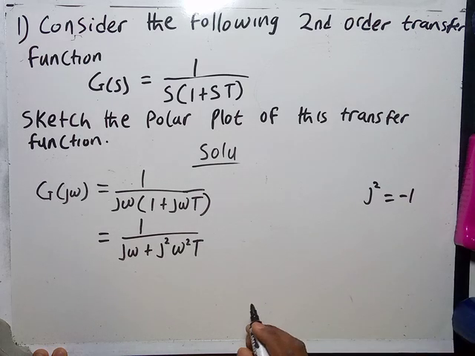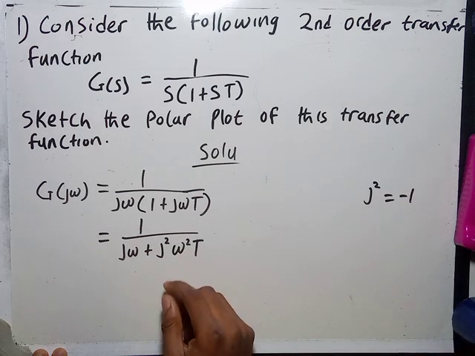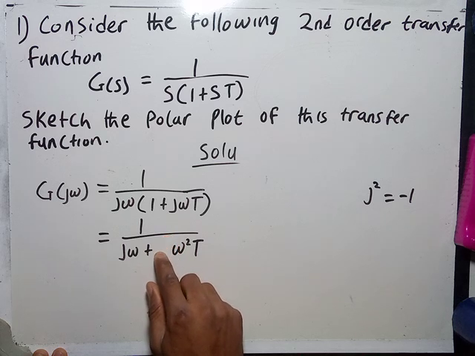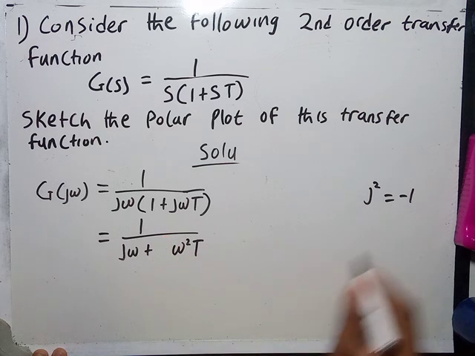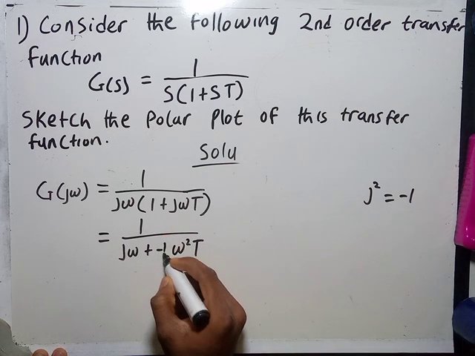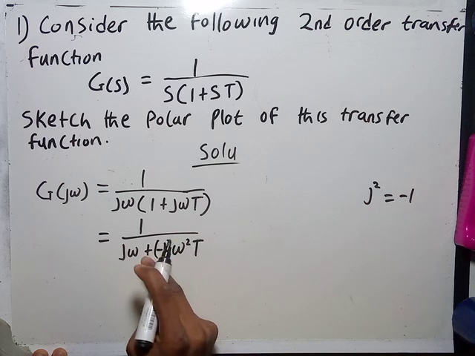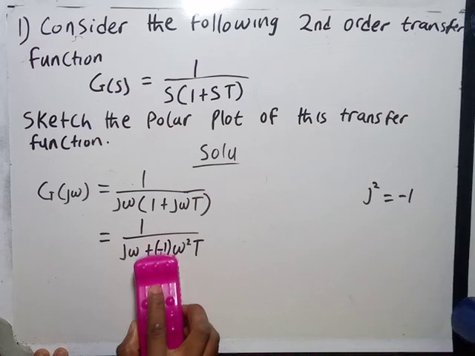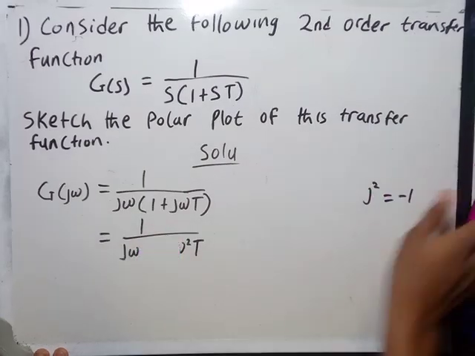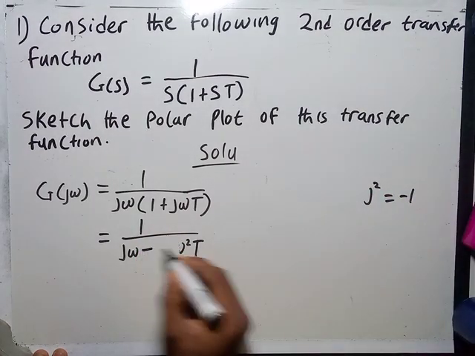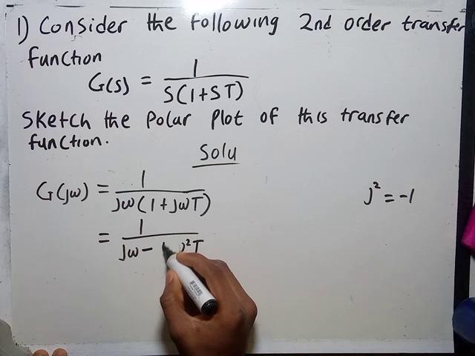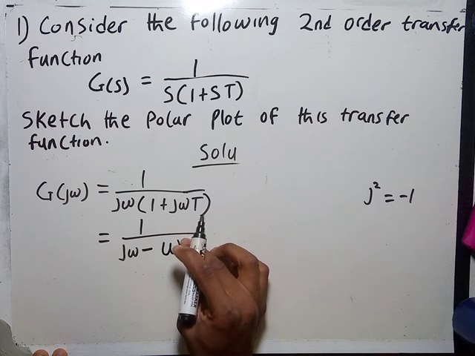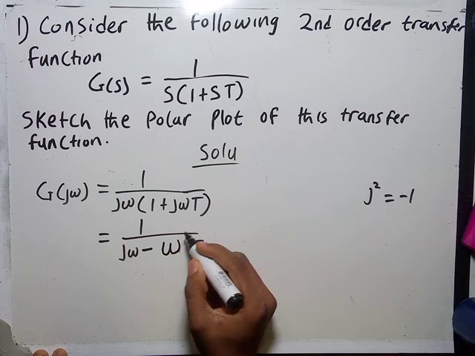Minus 1. So when you substitute that here, you have that the whole of this is what? Minus 1 in brackets. And when that minus 1 multiplies this plus here, this also changes. This also changes to what? Minus sign.